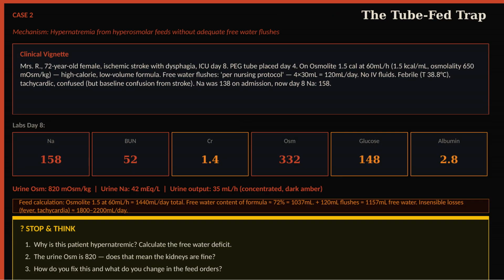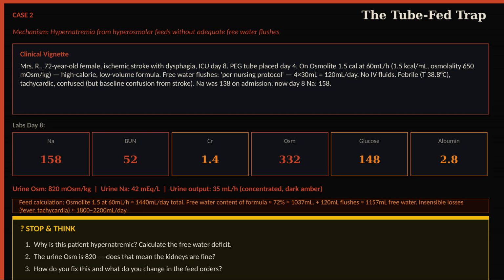Miss R, 72, ischemic stroke with dysphagia, ICU, day 8. PEG tube placed on day 4. She's on a high-calorie, low-volume formula, 1.5 calories per milliliter, running at 60 milliliters an hour. Her free water flushes are, quote, per nursing protocol, 4 times 30 milliliters, so 120 milliliters a day.